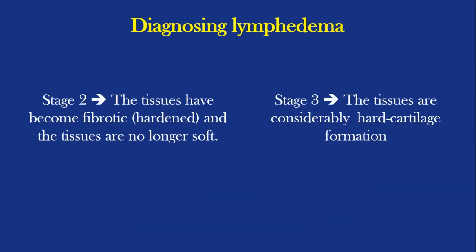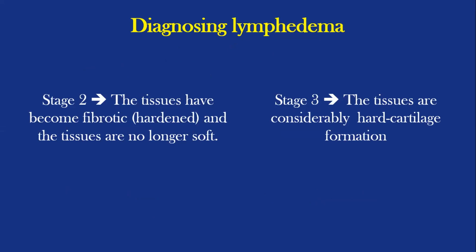The second stage is when the tissue becomes fibrotic and hardened. If it is not treated in the first stage, the tissues will definitely become fibrotic and hardened. The third stage is hard tissue with cartilage formation.